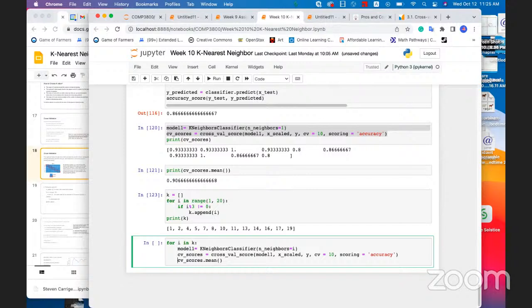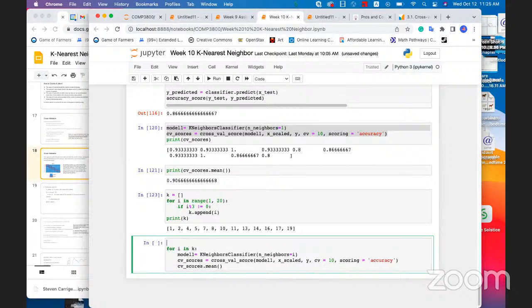So if I want to save all these accuracy scores, I have to use another list to save these scores. It should be accuracy scores and append. So I believe it's good. Let's see.